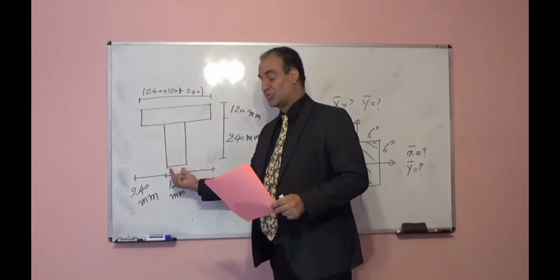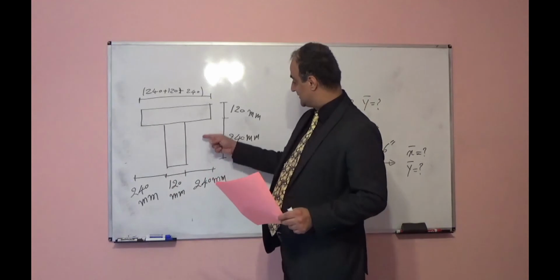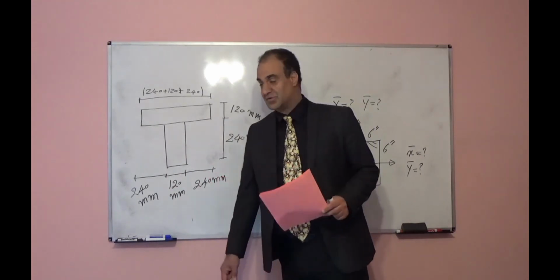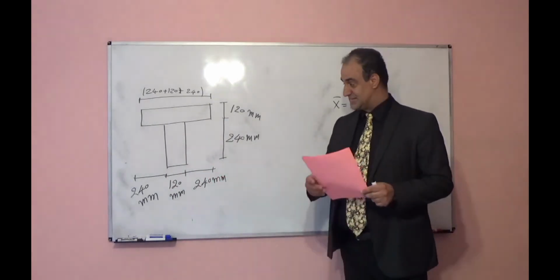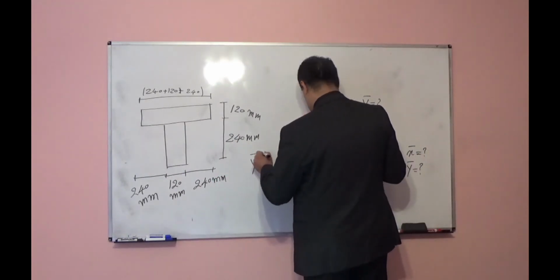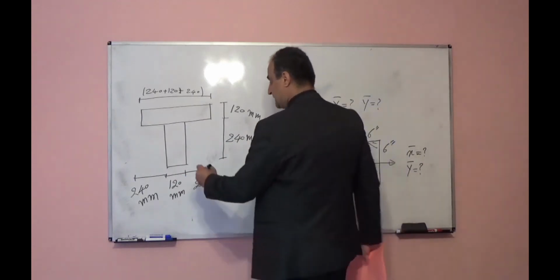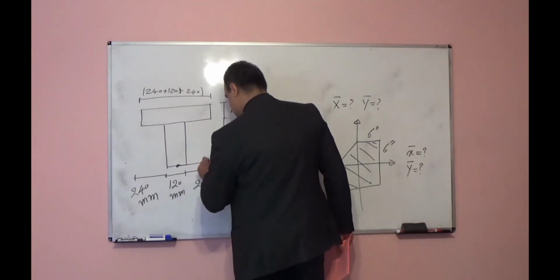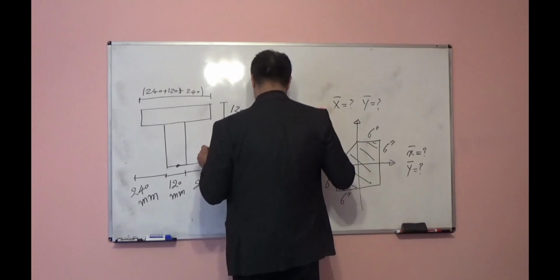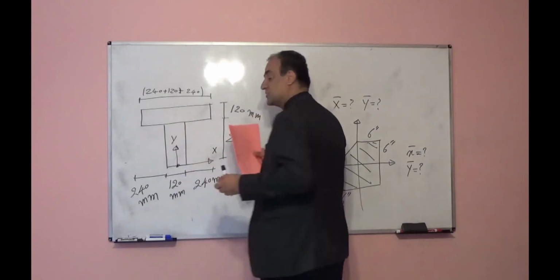The thickness of the web is 120 millimeter. For this T section, find y bar, if your coordinate is like this. This is your x direction, this is your y direction.